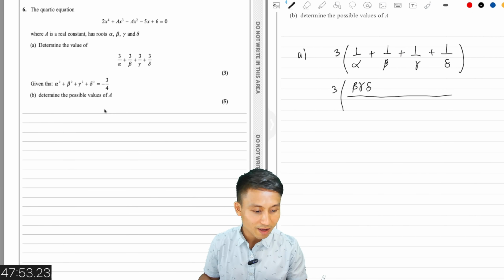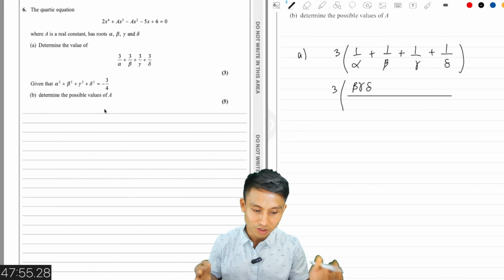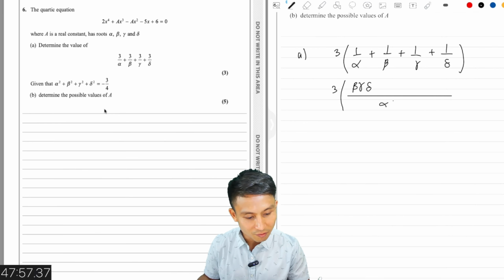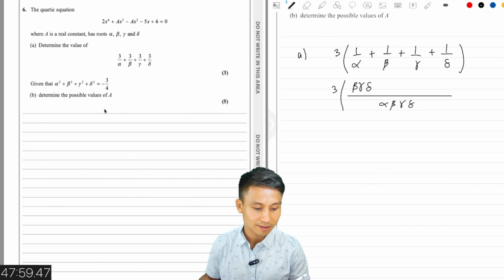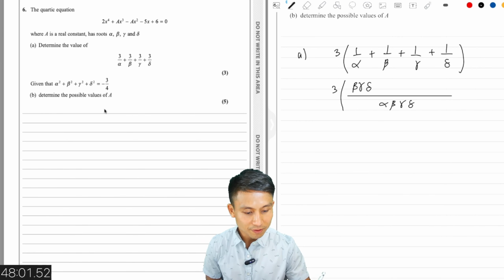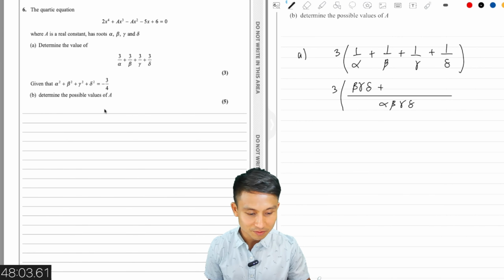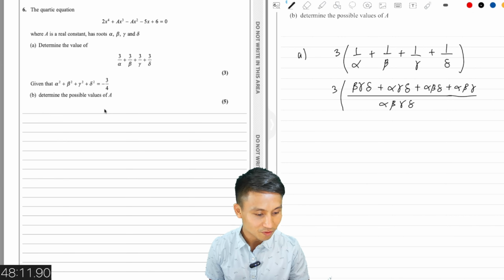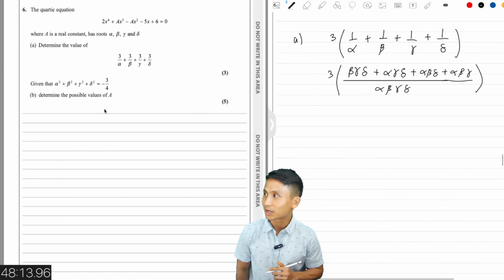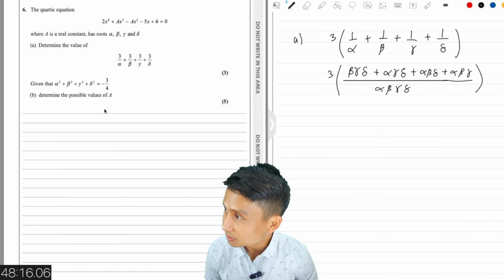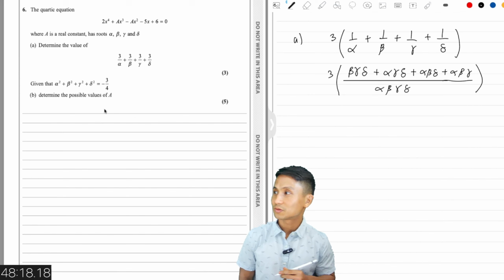And they're going to all have the same denominator because we're basically merging the fraction here. So this is alpha, beta, gamma, delta, yeah? And the first term is just beta, gamma, delta. The second term is just alpha, gamma, delta. It's just the things they don't have for each one. Alpha, beta, delta, and alpha, beta, gamma, right? Basically.